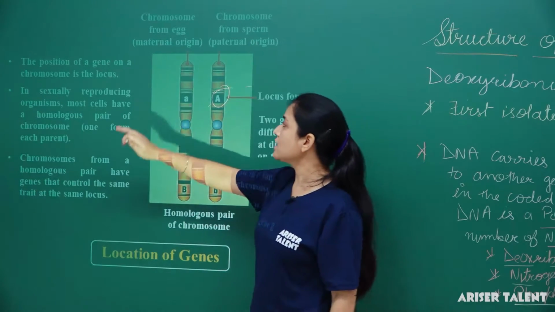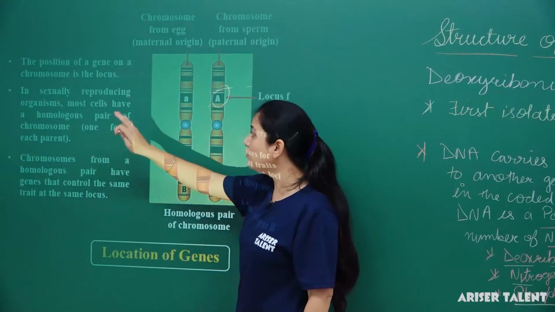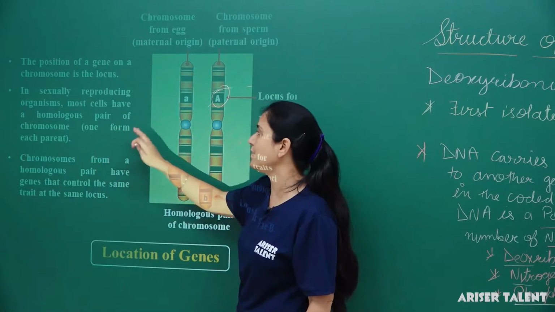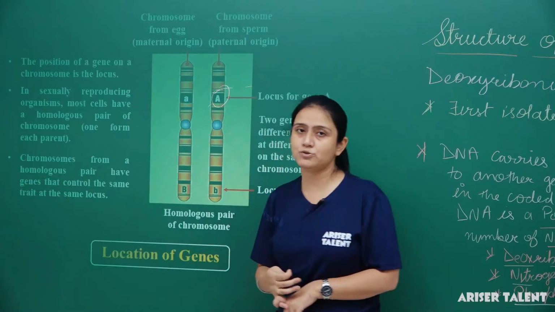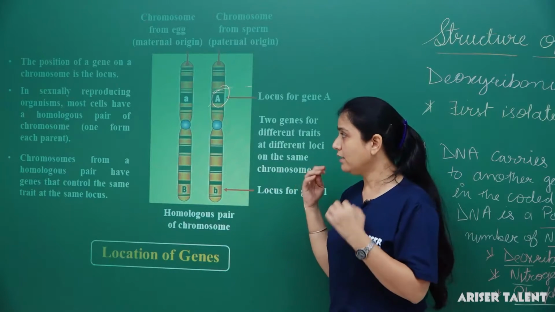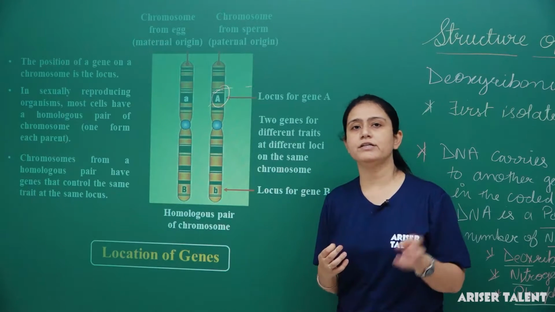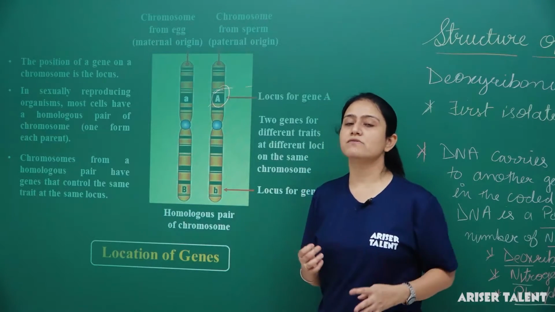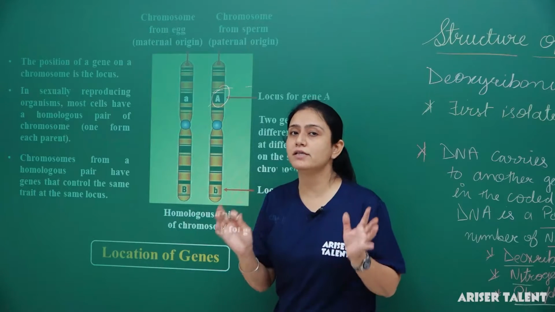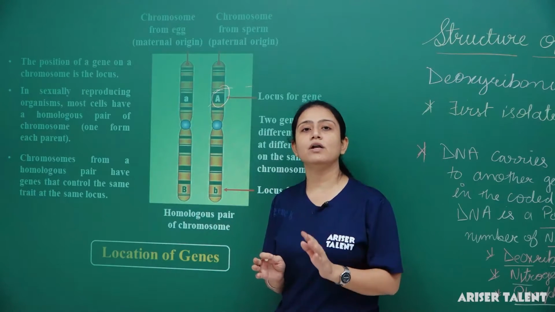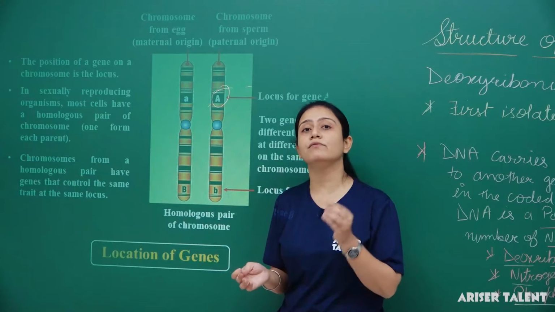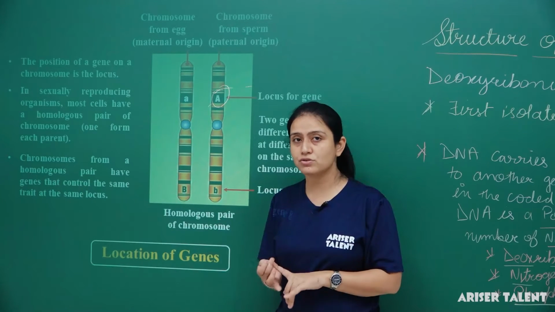Fine. In sexually reproducing organisms, most cells have a homologous pair of chromosomes, one from each parent. Yes, we know that every human being, whether male or female, carries 46 chromosomes, from which 44 are autosomes.